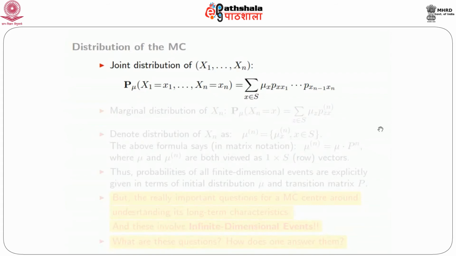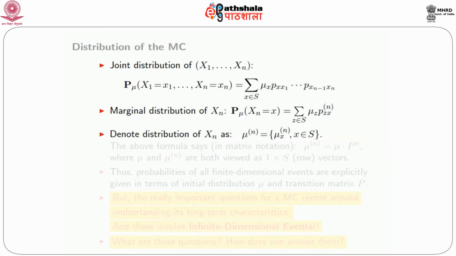So let's carry on with this a little bit. For example, if you are given an initial distribution and transition probabilities, then one can write the joint distribution of x1, x2, ..., xn in this fashion. Here the initial distribution as well as the transition probabilities are all given. In particular, you can also get the marginal distribution of xn, which is given by this formula.